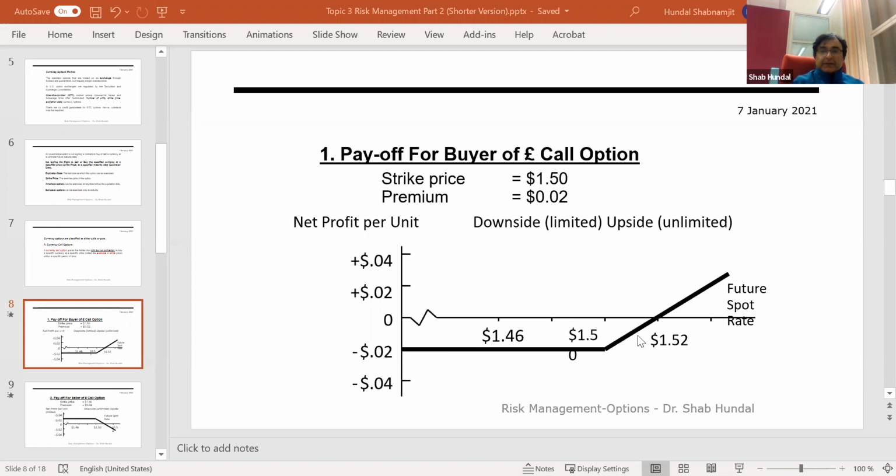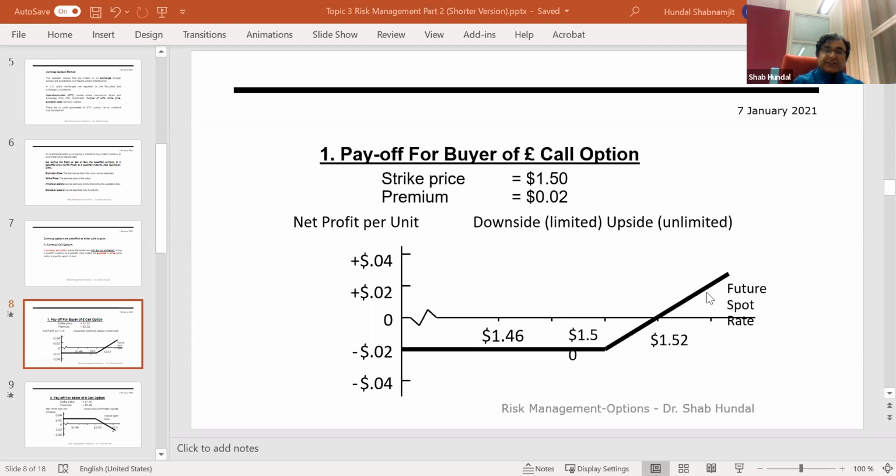And then this is the nice part. The option is in the money, where you, being a buyer of a call option, which gives you the right to buy, but not the obligation, of a specified currency, specified amount, specified rate of exchange, specified time period. This would be good for you. And then it's called option is in the money, ITM.